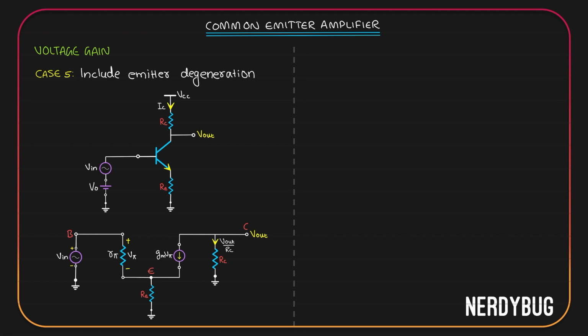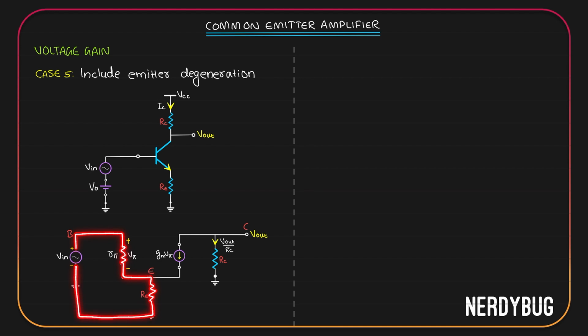Let's do the analysis. In the earlier cases, V input was directly connected across R pi. But right now, you can see that it is not the case. Let us see the input loop. I start from ground, then I go to V input, I go to R pi, I reach emitter, then I have RE, then I go to ground.